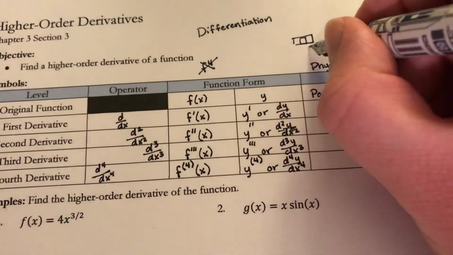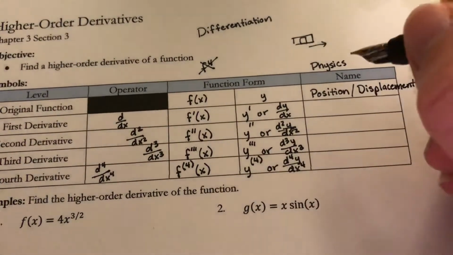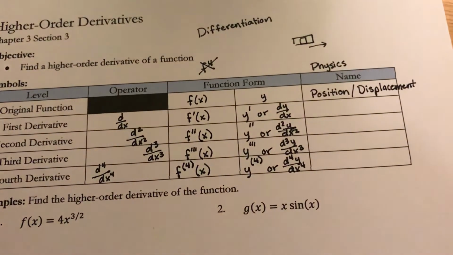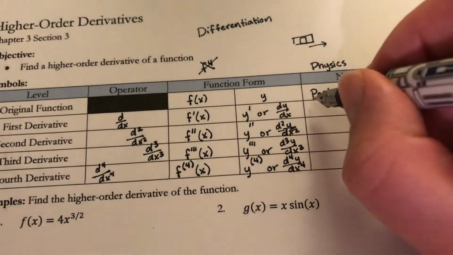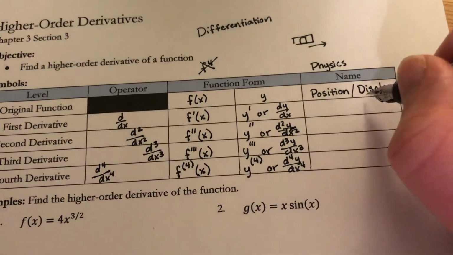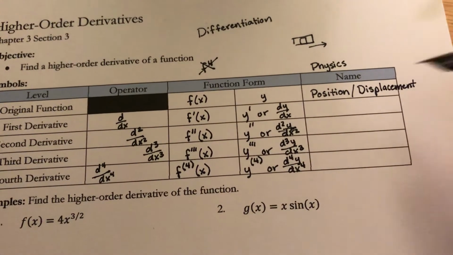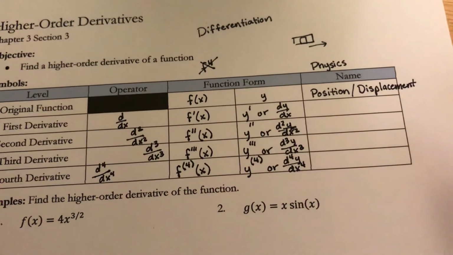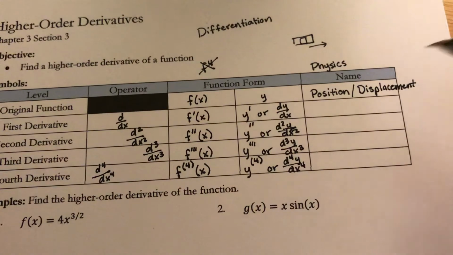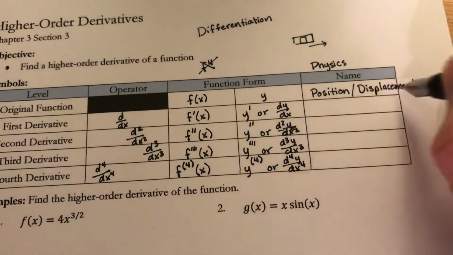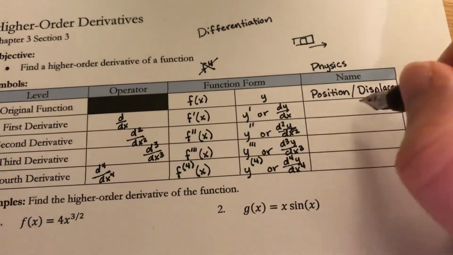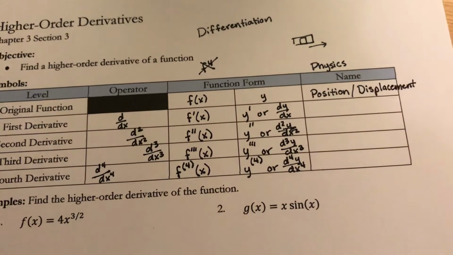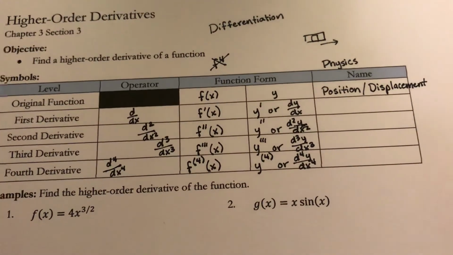So, what road it's on, how far it is from different locations, etc. So we can figure out the vehicle's exact location using this position function. However, displacement is more of trying to say how far the vehicle has traveled from its starting point. So we would talk about a vehicle starting from your house and how far it has gone from there. And so displacement is more of talking about a change in distance, where position is more of talking about location. But again, they're very similar and they both represent that original function.